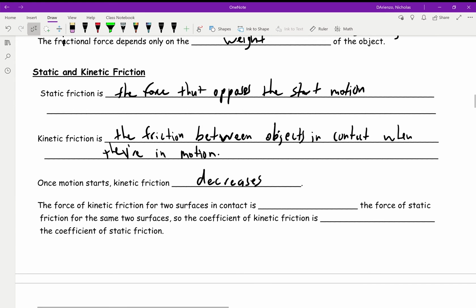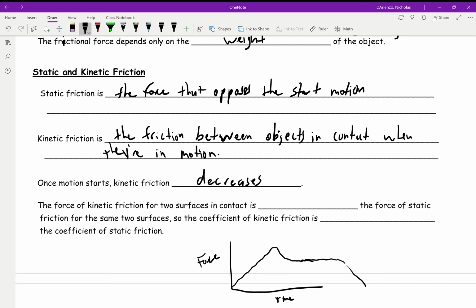In the graph we saw here, we had time and force. As we applied more force, we saw this steep climb, and then once the cart got moving, the force became less, and then it dropped off once we stopped pulling the cart.